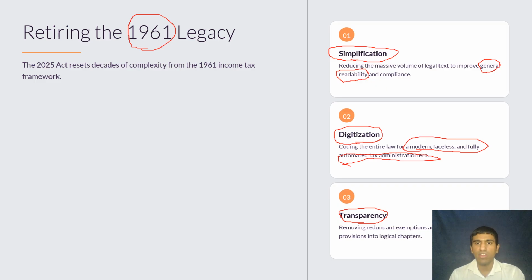So the new act has removed those redundant exemptions, and all the extra provisions have been consolidated, condensed into logical chapters. So essentially this ensures that the act isn't rendered too obscure or too vague. The act is codified more simply, more readably, for the general public's purpose, not just qualified professionals associated with the act.